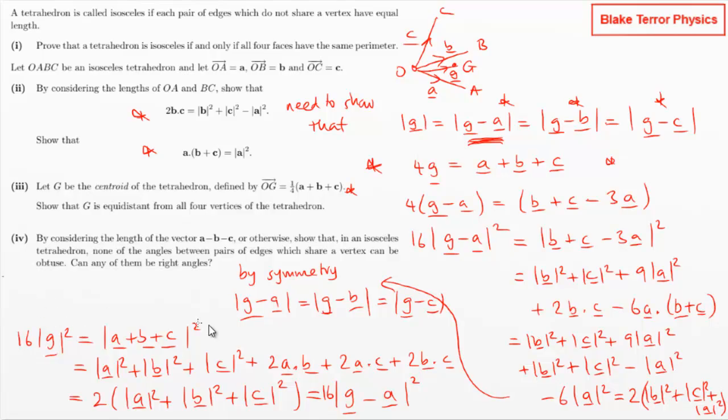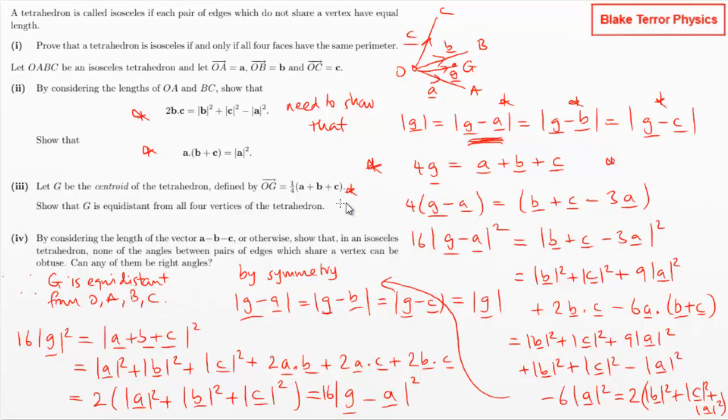So therefore I can add to the list that it equals mod G. So all of them are equidistant. I'm kind of jumping around the screen there, but G is equidistant from O, A, B and C.